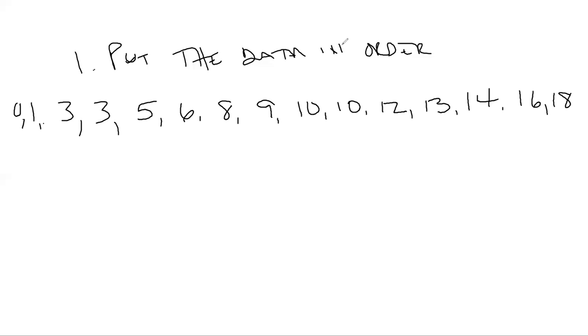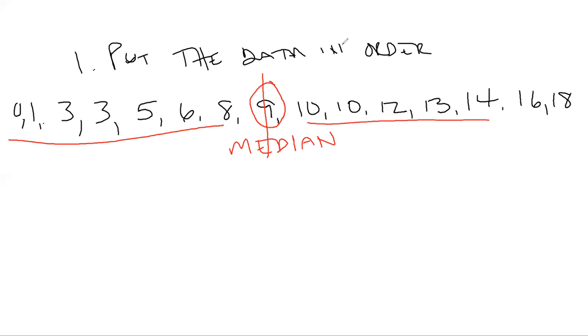If I count to the 7th, 1, 2, 3, 4, 5, 6, 7, this number right here is the median. We talked about it on Monday. It's the number in the middle, and it splits my data up into 2 equal sections.